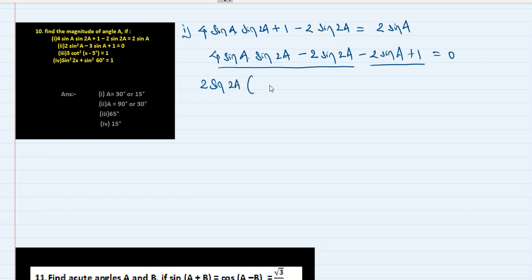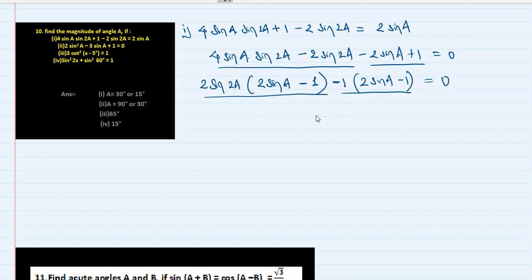If you take out 2 sin 2A, you will be left with 2 sin A inside, minus 1. Here there is nothing common, so minus 1 comes out common and you get 2 sin A minus 1. So that was very easy to factorize.